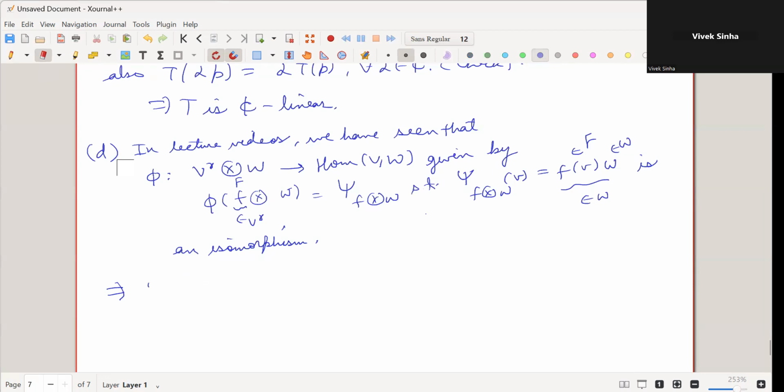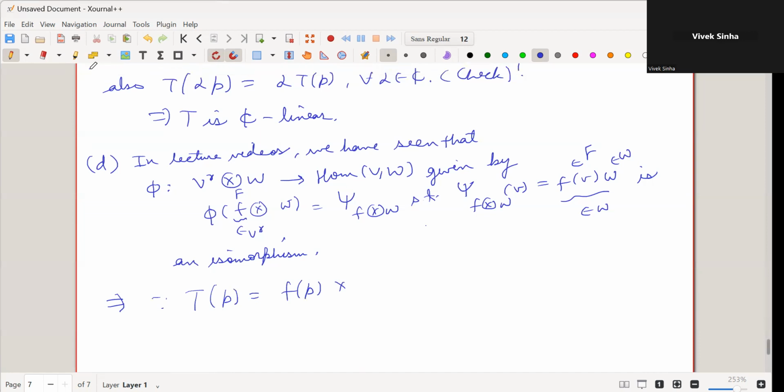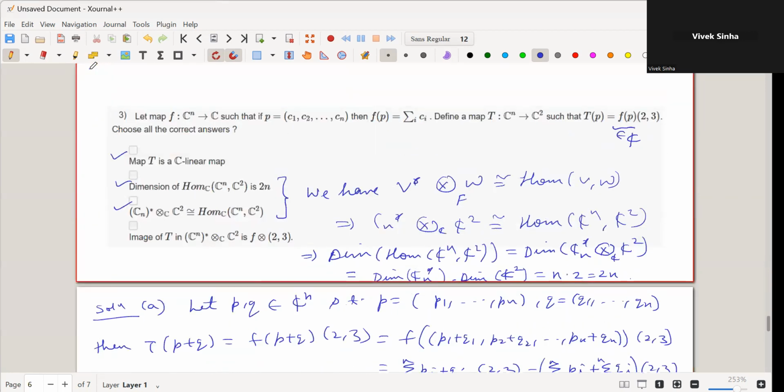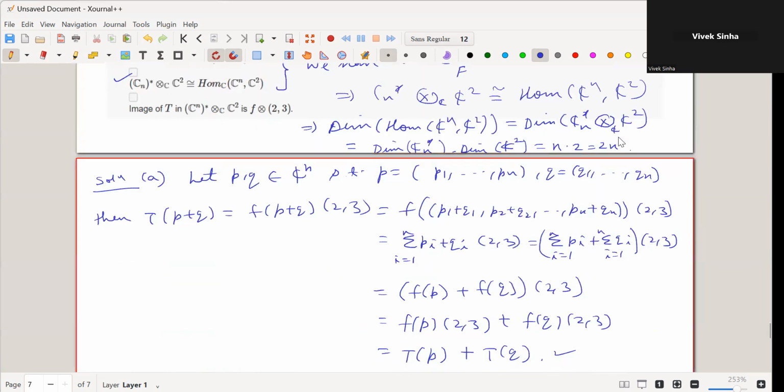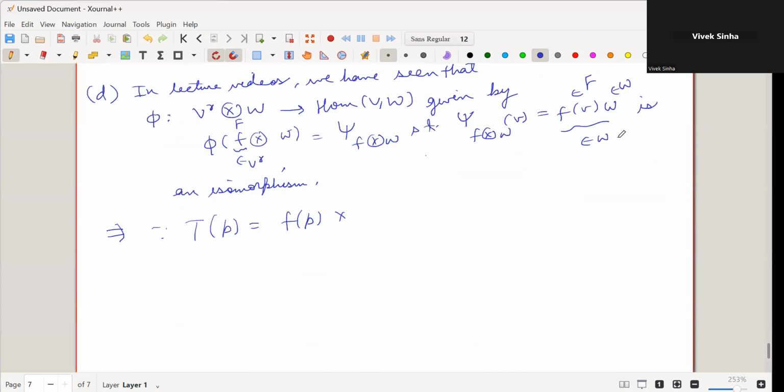Okay, sorry for that. So see, since T of P is f(P)(2, 3), right? T of P is f(P)(2, 3), so you compare it with this. What will you get? Here v is equal to P and w is equal to (2, 3), right?